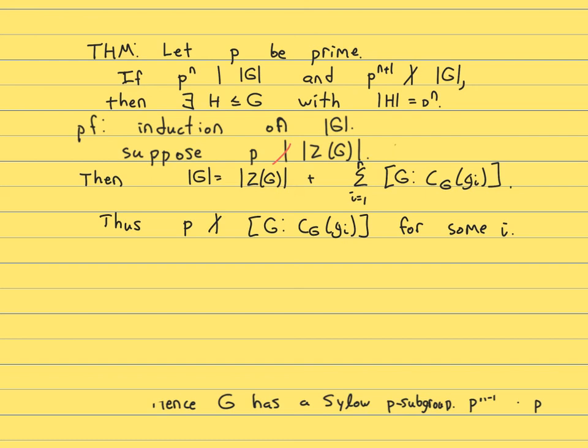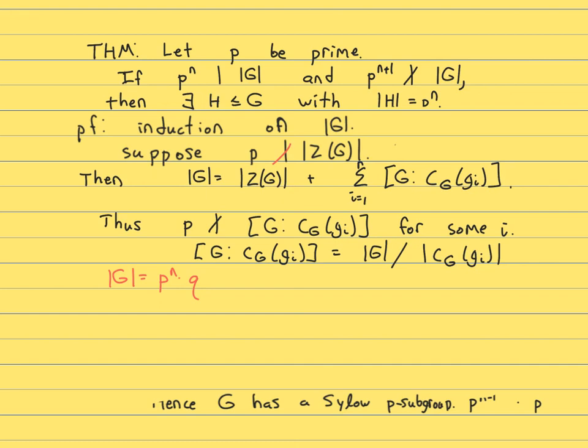Well, what is the index? By definition, it's the size of the group divided by the size of the centralizer. And so remember, G is of the order P to the N times stuff. And we're saying that the index on the left-hand side does not have a factor of P at all.